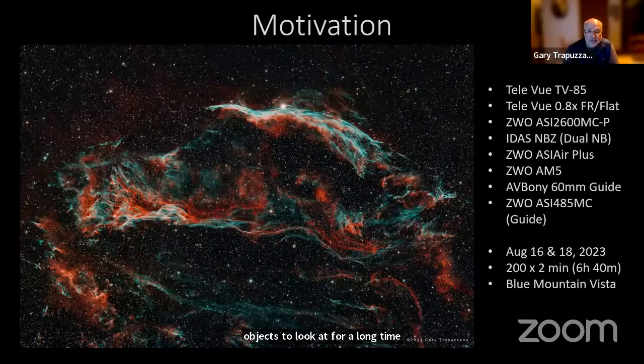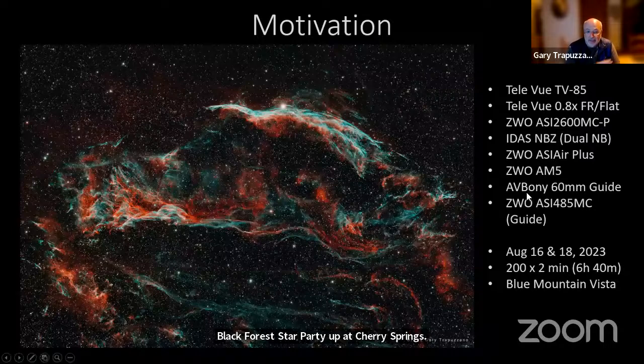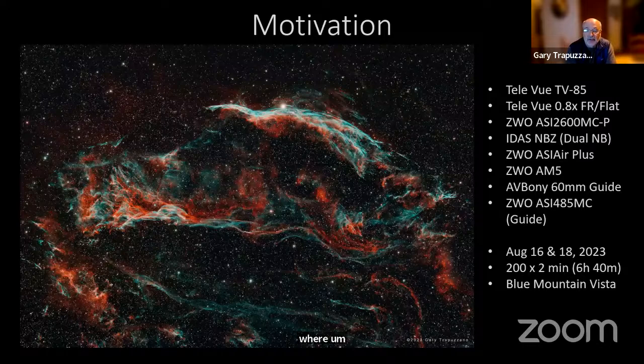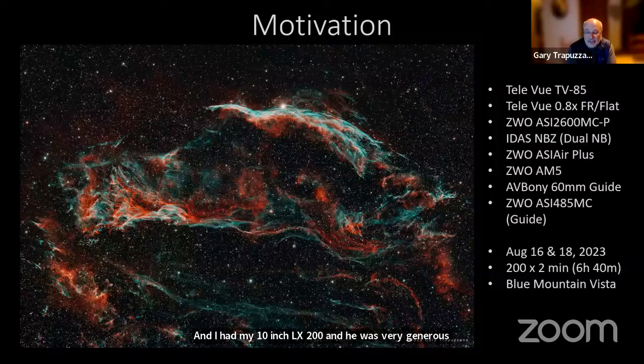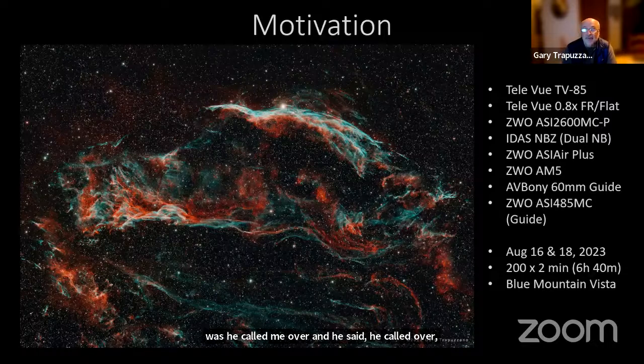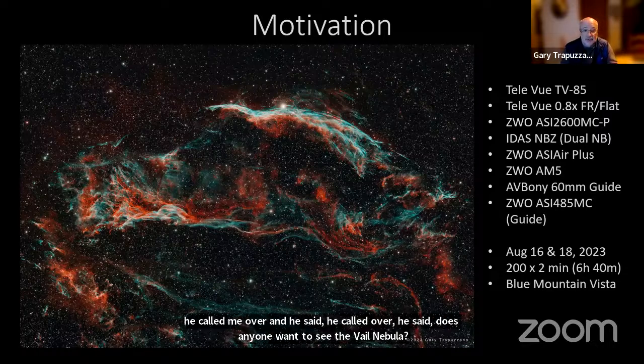I had an experience back in 1999 at the first Black Forest Star Party up at Cherry Springs, where a guy next to me had a 24-inch Dob, and I had my 10-inch LX200, and he was very generous with his eyepiece time. The first object that I looked at through that scope was the Veil Nebula with an O3 filter. He called me over and said, does anyone want to see the Veil Nebula with an O3 filter? I was right next to him and I said, sure.